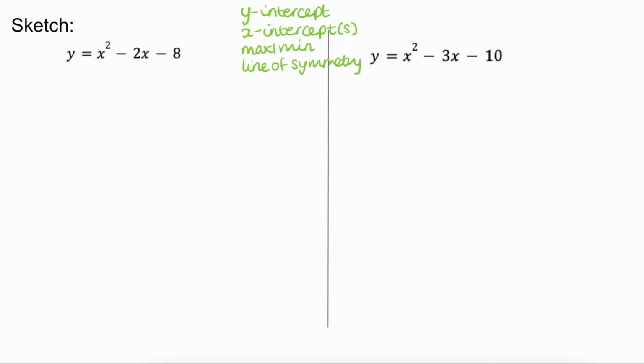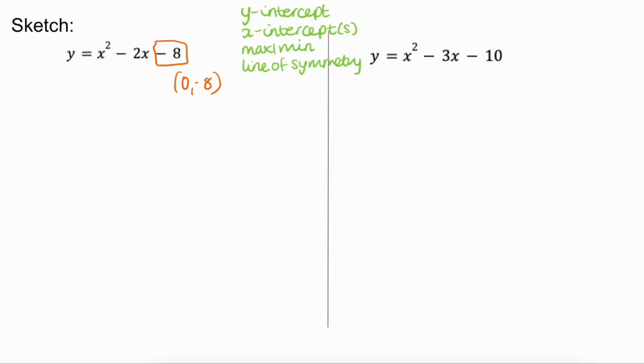So if we look at the first question there, x squared minus 2x minus 8, this is already written in what we call y-intercept form. And that's because we can read off from here that this is the y-intercept. So we know that it crosses through (0, -8), and that's your y-intercept.